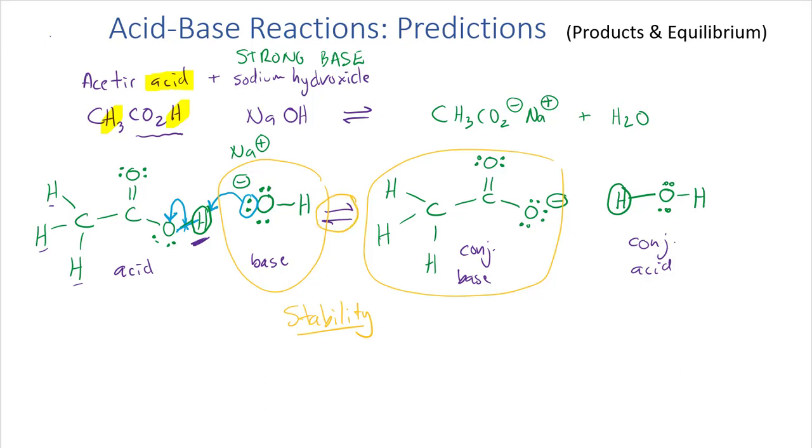Is this going to favor a forward reaction or a reverse reaction? And we think about stability comparison. We're picking the charged species because we're thinking about stability primarily of charge. It's on oxygens in either case, so we're not thinking about different elements. What's the defining factor? What's the difference between those two in terms of stability?